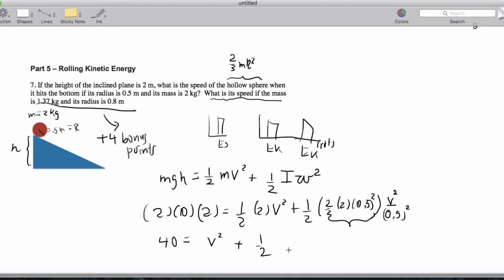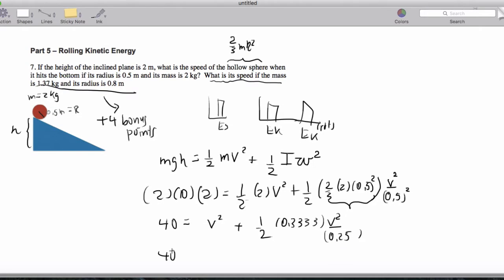And that's going to give me 0.3333 v squared divided by, when I take 0.5 squared, that's going to be 0.25. Continuing, 40 equals v squared plus 1/2 times 0.333333.